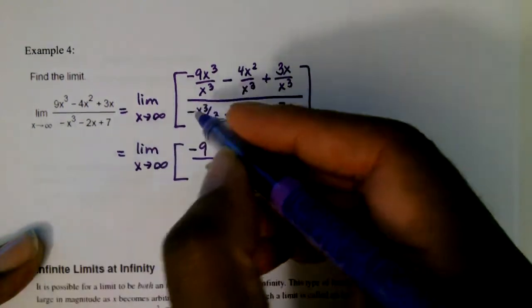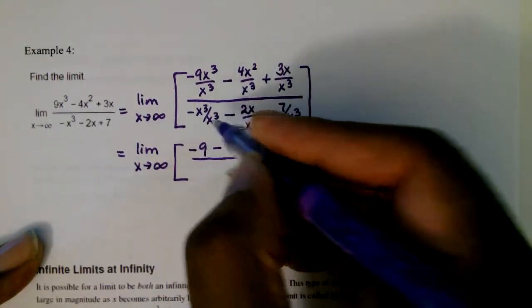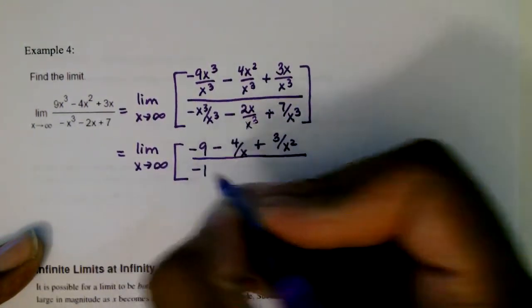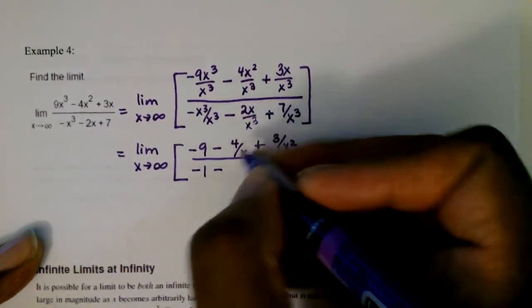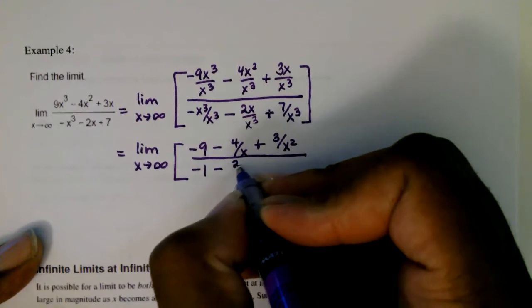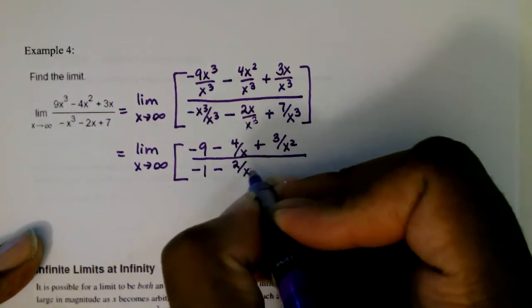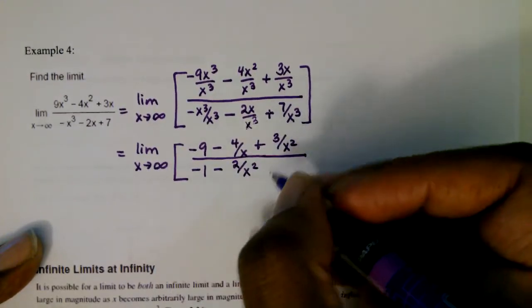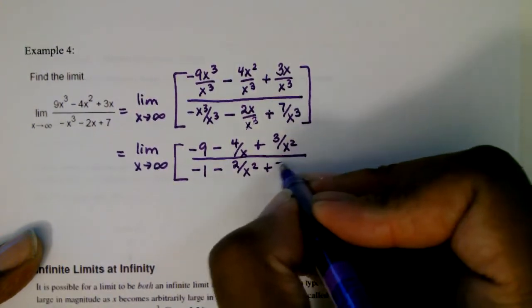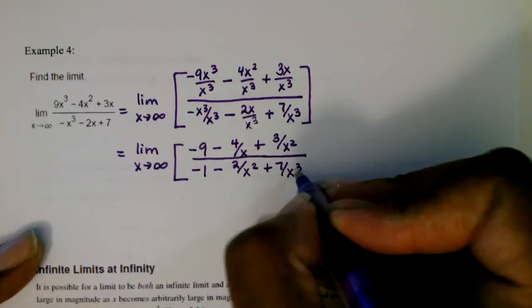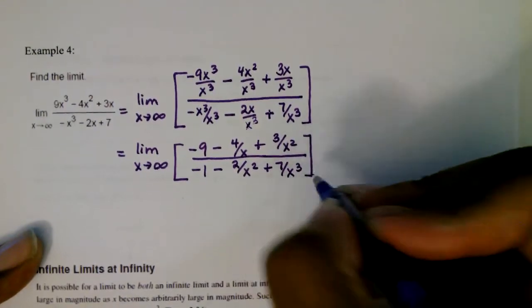Now my denominator, negative x cubed divided by x cubed, negative 1, minus 2x divided by x cubed. That would be a 2 in the numerator and x squared in the denominator. Then plus 7 over x cubed. Nothing to divide out.